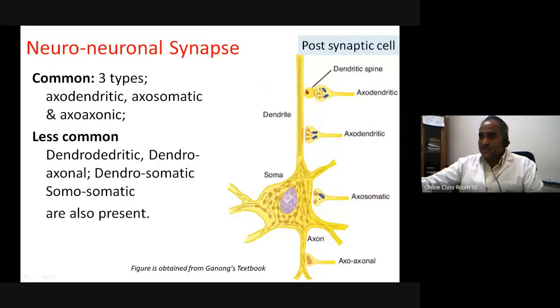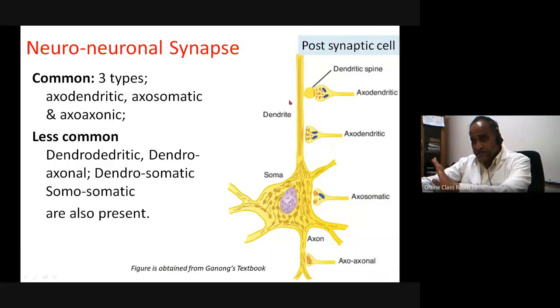This is the dendritic spine, and this dendritic spine and the axon of another neuron are making contact. This is axodendritic synapse. See, for example, a transmission is taking place in this direction. So now here is another, because this is the dendritic spine or dendritic knob. Here on the dendritic surface, there is no knob there. So this is also axodendritic.